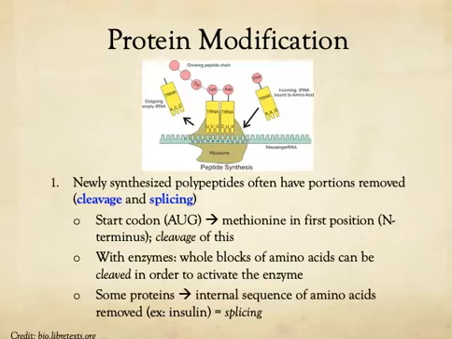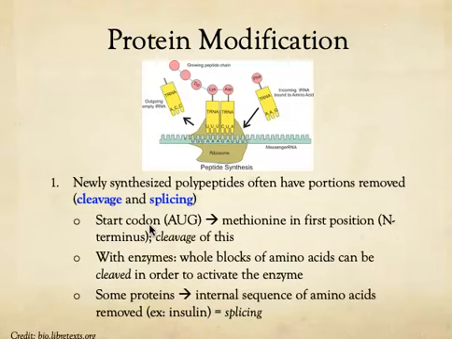Remember, we said that in the example of co-translational import, the very first thing that gets removed is the signal sequence. There are other amino acids that will be removed too, including, for example, the methionine amino acid that occupies the position where the start codon was in the mRNA.